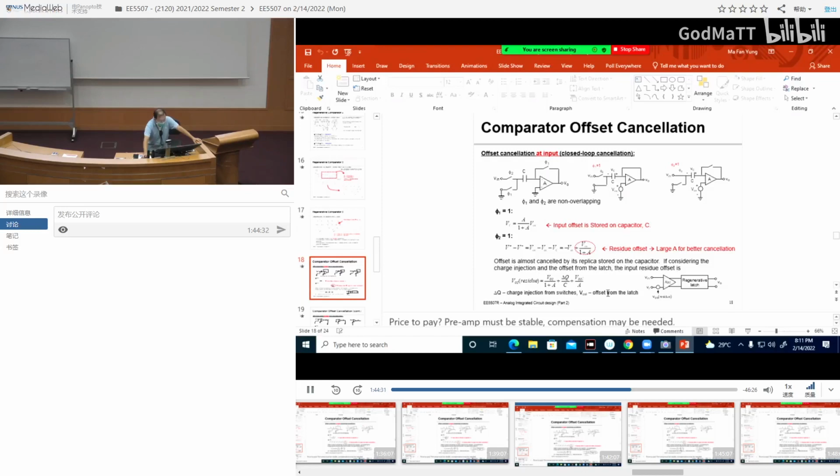Previously, we said that it is VOS divided by 1 plus A. But because of the charge injection, if some charge, delta Q, is also injected into the capacitor, it will cause a voltage error of delta Q over C. Remember the capacitor definition: C equals Q over V, so V is equal to Q divided by C. So now I've injected some charge into the capacitor, which will cause a small error voltage delta Q over C.